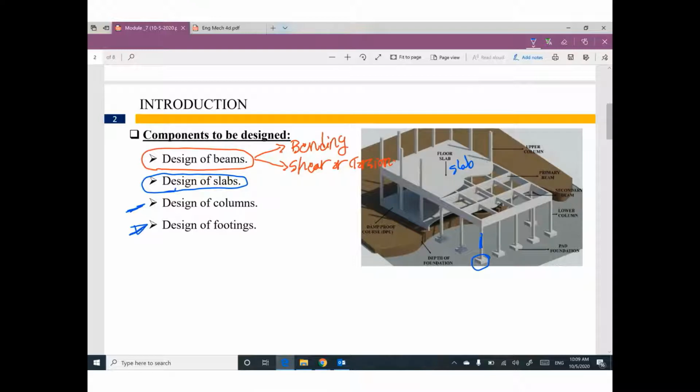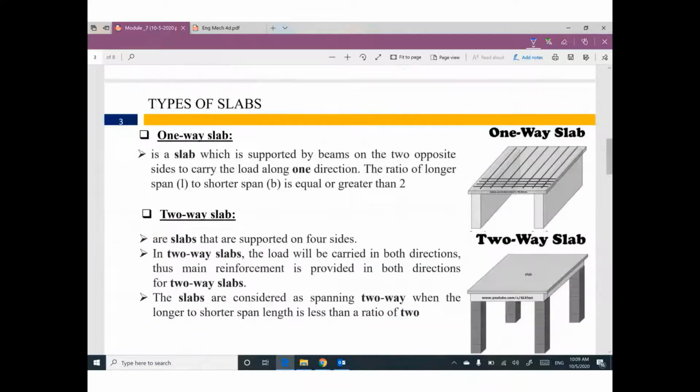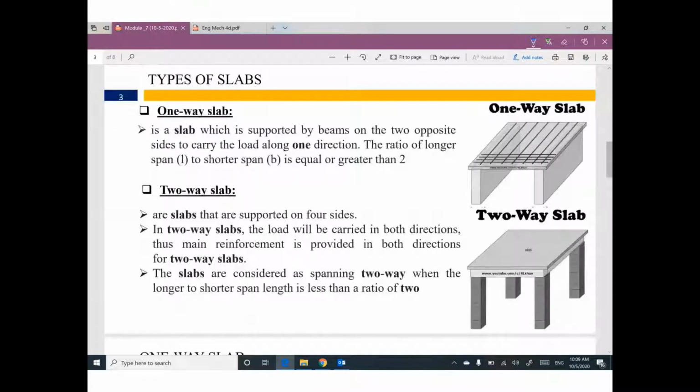Before starting, I would like to give you an introduction. We have two types of slab, and I believe you probably learned this before in structural analysis and design courses.